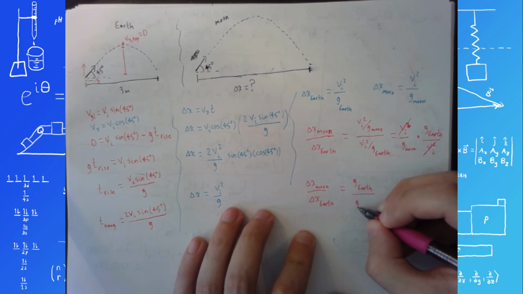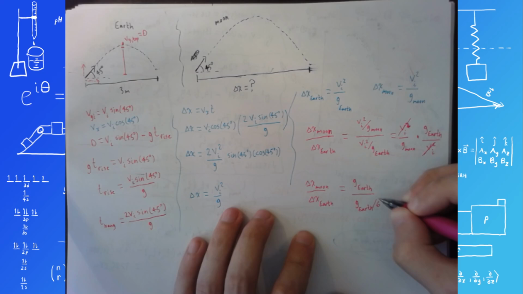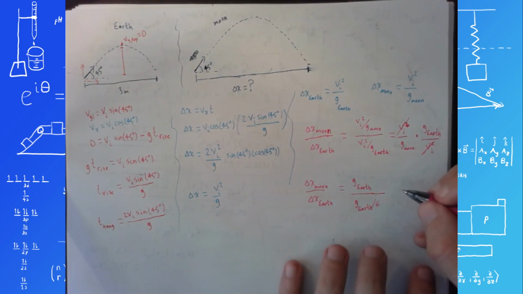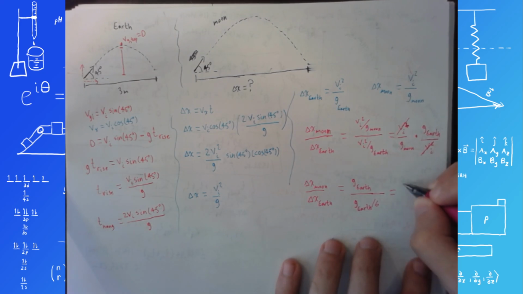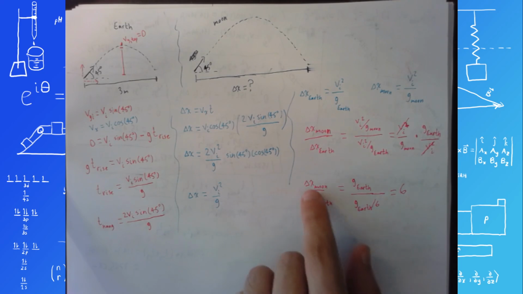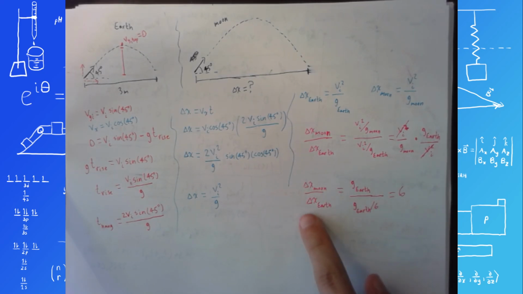So g moon is just g Earth over 6. Okay, g Earth over 1/6 of itself, well, that means it's a 6-to-1 ratio, equals 6. So that tells me then that your displacement on the moon, your horizontal range on the moon, is going to be 6 times what it is on Earth. So delta x on the moon is going to be 18.